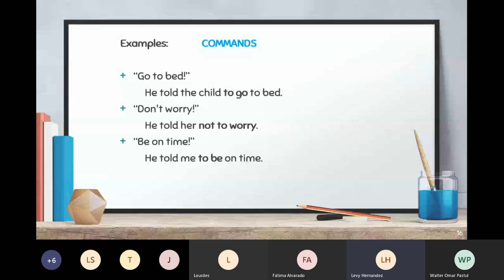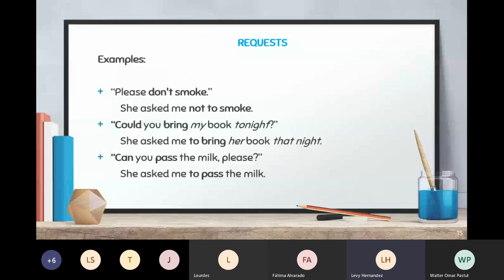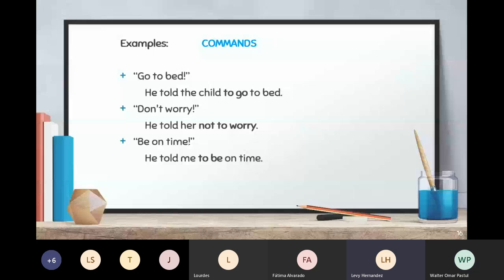Teacher, could you put the last picture? This one? The last. Yes. This one? Yes. No. No. The last. Before the picture.